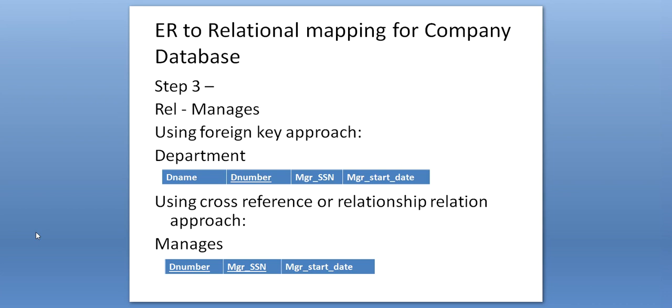If it is total participation from both directions, then we can use it, but we cannot use it for this particular manages because there is only one total participation. One is having partial participation.